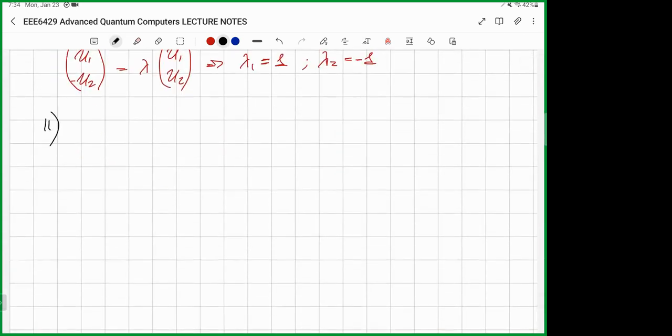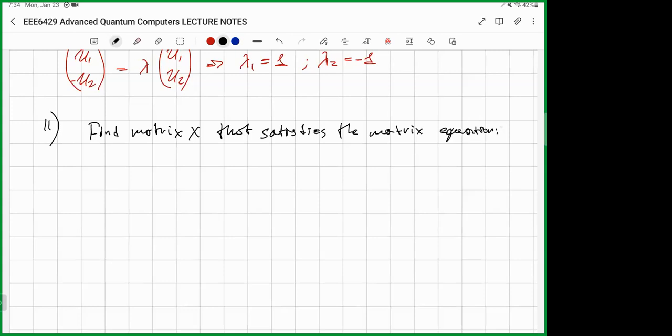An 11 product. Find matrix X that satisfies the matrix equation: X plus A times B equals 0.